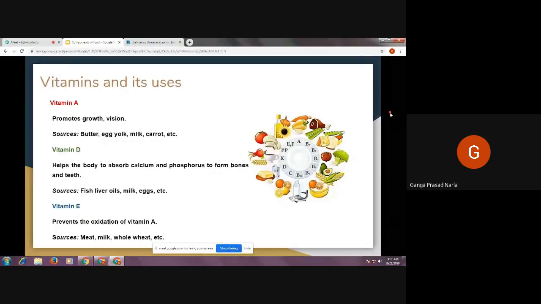Vitamin D helps the body absorb calcium and phosphorus to form bones and teeth. Calcium and phosphorus are minerals.